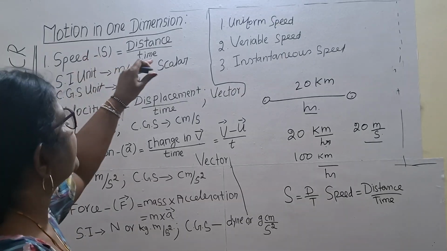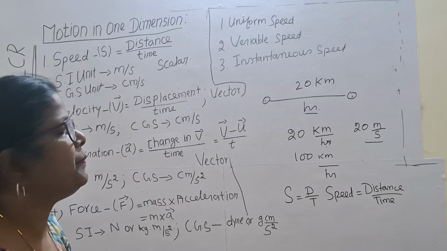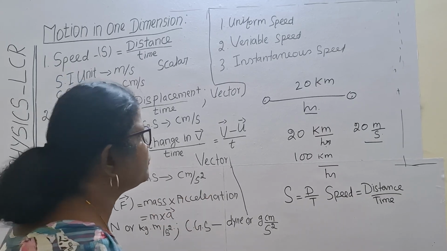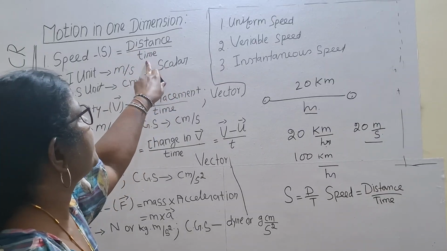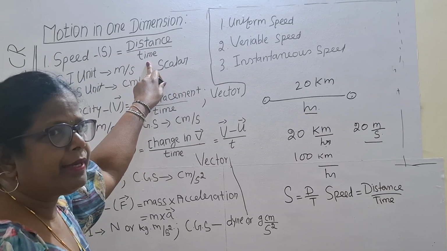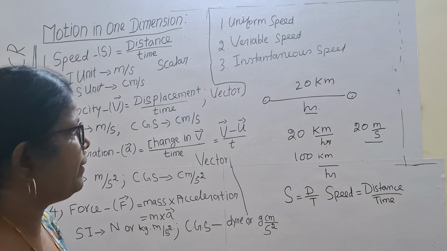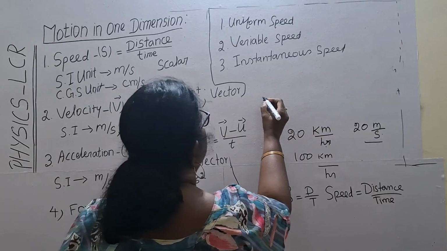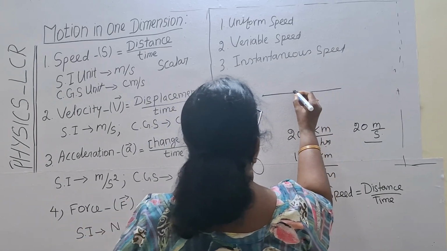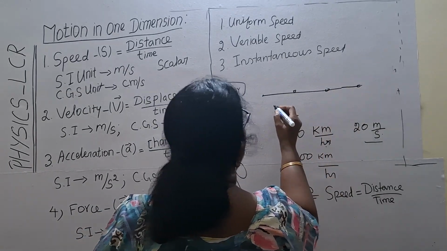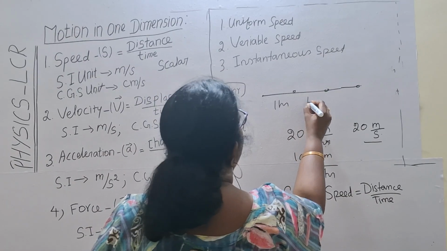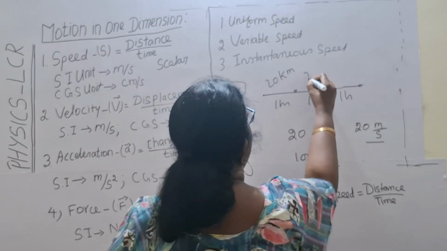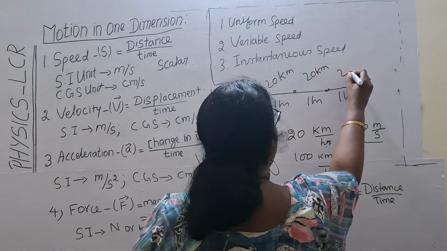This speed we can classify as uniform speed, variable speed, and instantaneous speed. What is uniform speed? A body covering equal distance in equal time interval. For example, the body moves 20 kilometer in 1 hour, 20 kilometer, 20 kilometer.